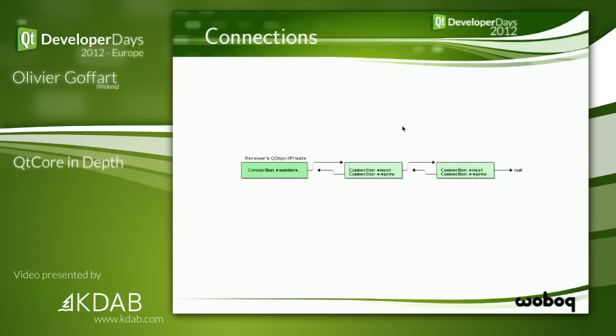This little trick allows us not to have any special case for the first element, because in the QObject private you just have a pointer to the first, and the previous of the first is just a pointer to this first pointer here.